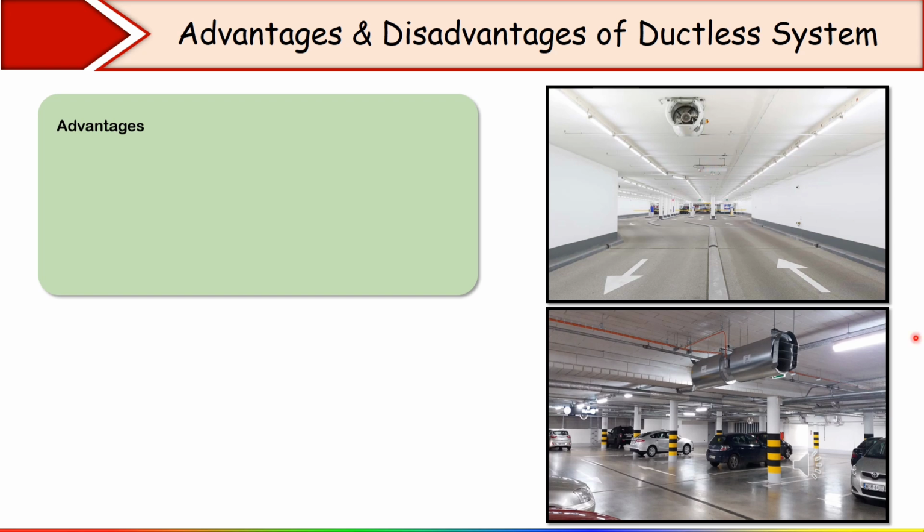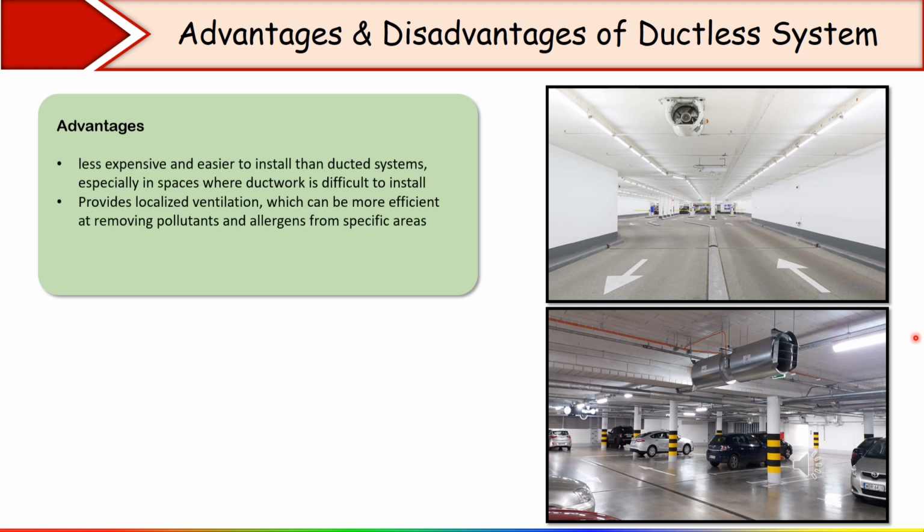So see what the advantages of using this ductless ventilation system are. There are many advantages. The first point written here is that this ductless ventilation system is less expensive and easier to install than a ducted system, especially in spaces where ductwork is difficult to install.